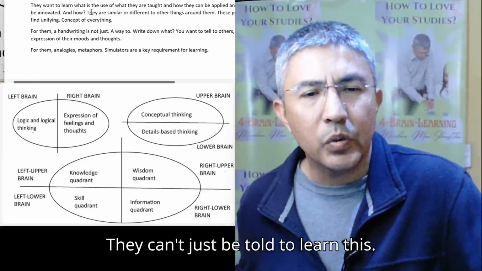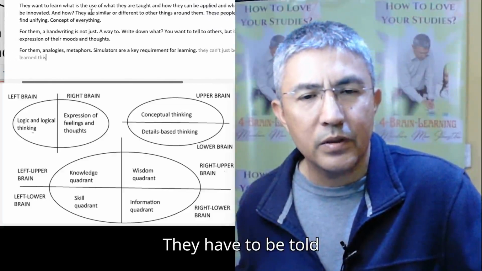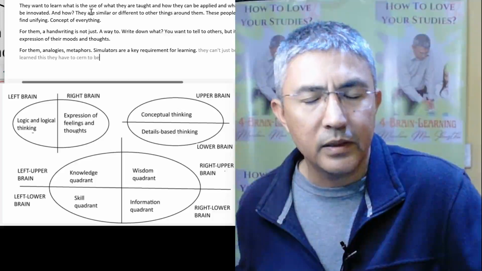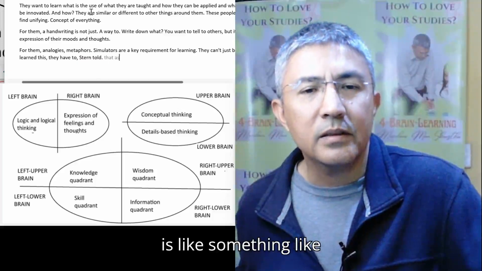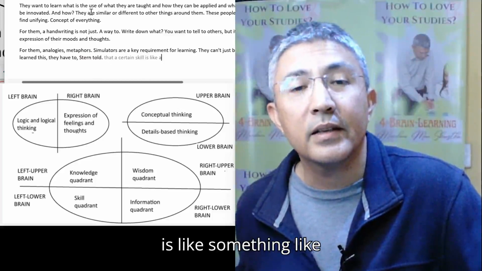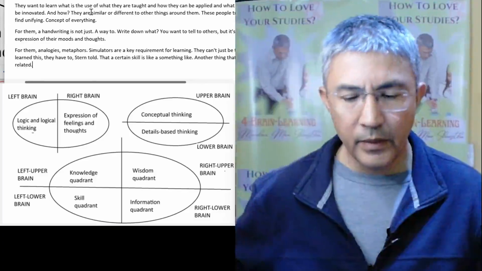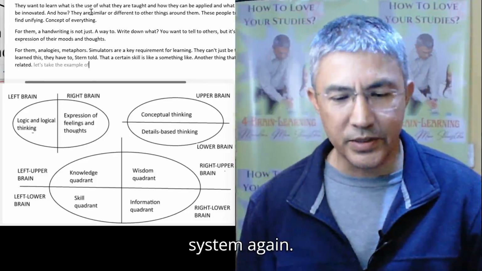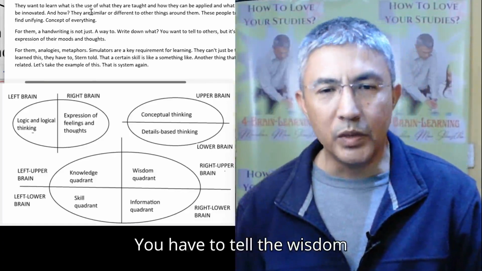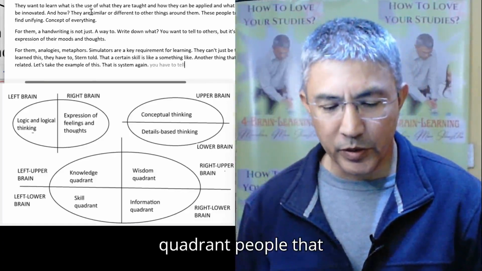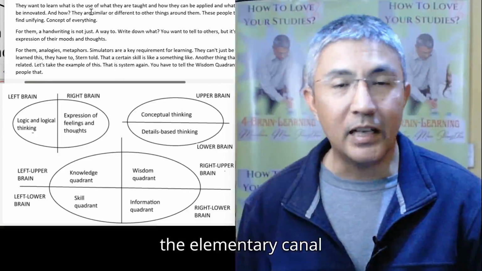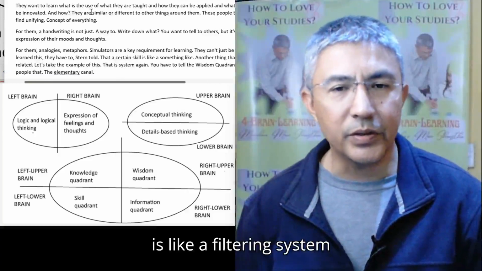They can't just be told, learn this. They have to be told that a certain skill is like another thing that's not related. Let's take the example of the digestive system again. You have to tell the wisdom quadrant people that the alimentary canal is like a filtering system.